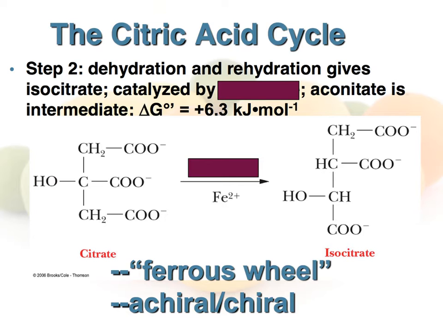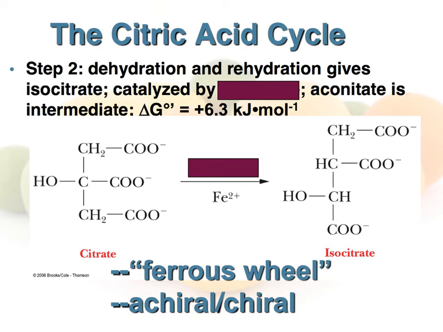And if you remember back to organic chemistry, one of the pitfalls for organic chemistry in synthesis in vitro is that usually if you start with achiral reactants, you're going to end up with achiral products unless you can somehow force it into a chiral environment. Our body does that naturally with enzymes.